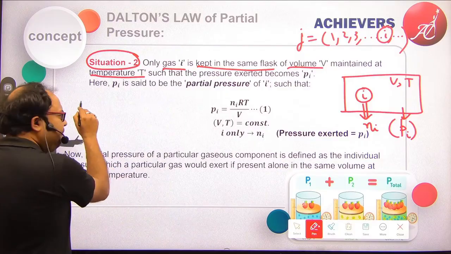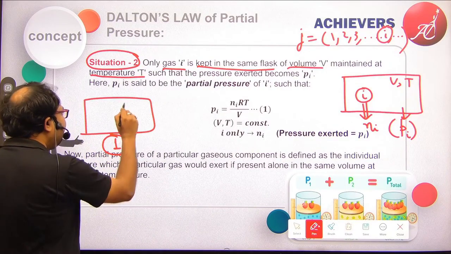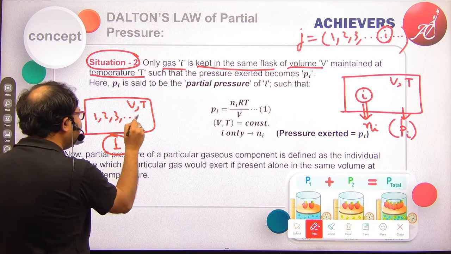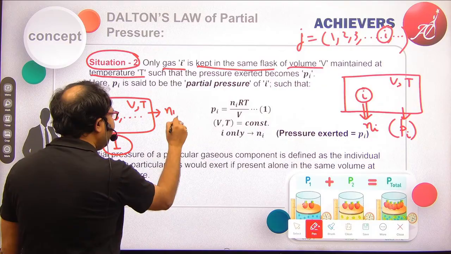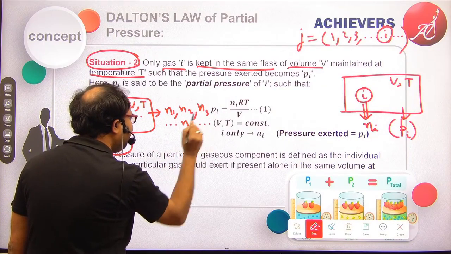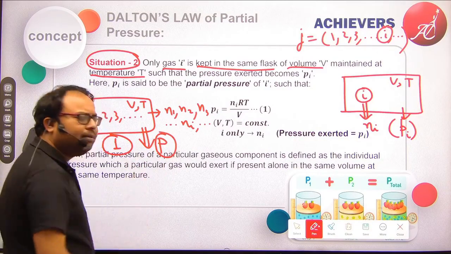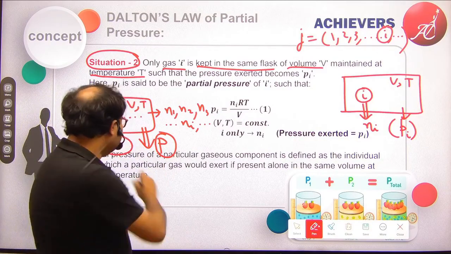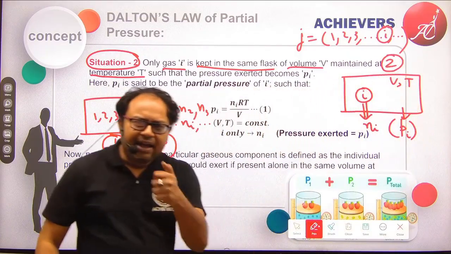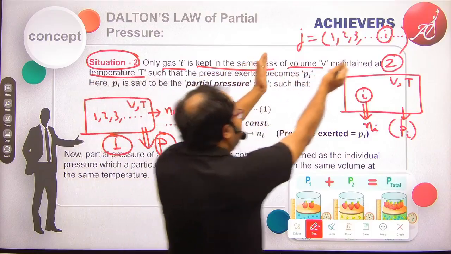In the previous situation, in situation 1, you have kept V constant, T constant, you have kept all the gases together whose number of moles were N1, N2, N3, Ni, etc. In that situation, the total pressure was given by capital P. This was situation 1, and this is situation 2, where you have chosen any arbitrary gas out of this particular set.